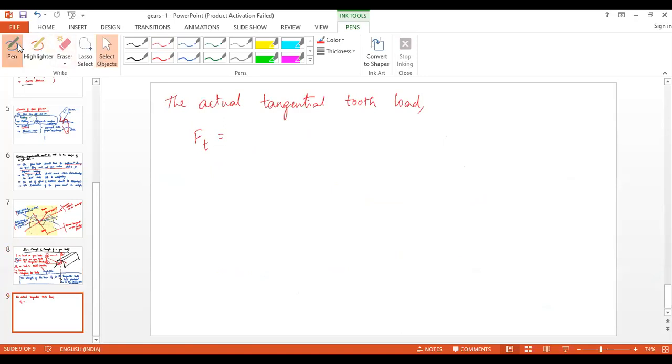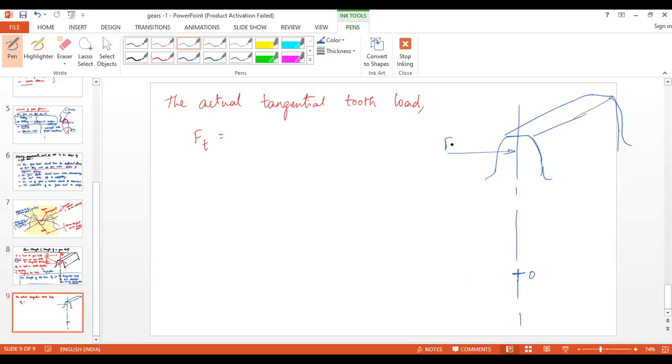See here, I have considered only one gear tooth. This is the axis of the gear, and this is the center. And this is the tangential tooth load, Ft. Right?